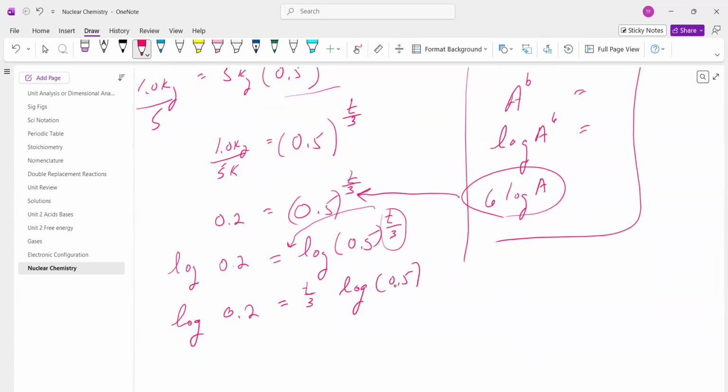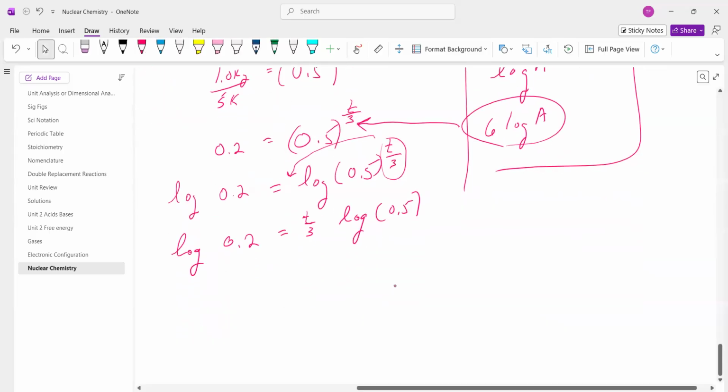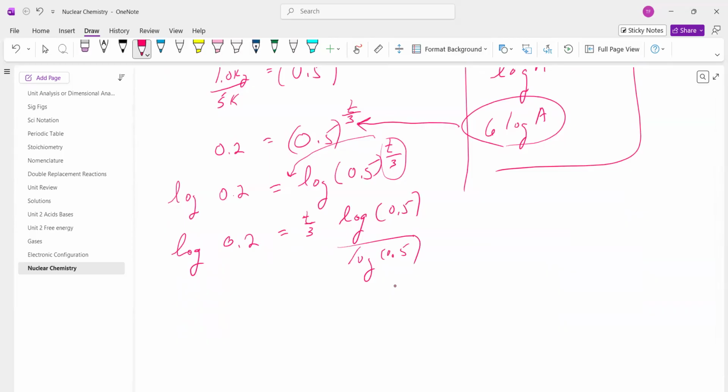Okay, now we're going to solve for t. So if we divide both sides by the log of 0.5, those cancel.